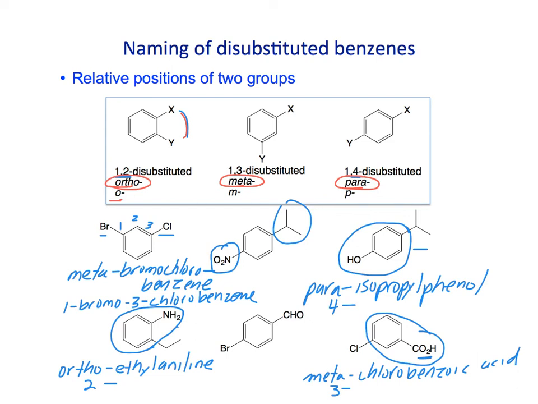What if you have two of the named groups? That's a good question. If you have two of the named groups, then there has to be a priority system, but we're not even going to go there. Sometimes when you have two of those groups, like two methyl groups on a benzene ring, they're called xylene.